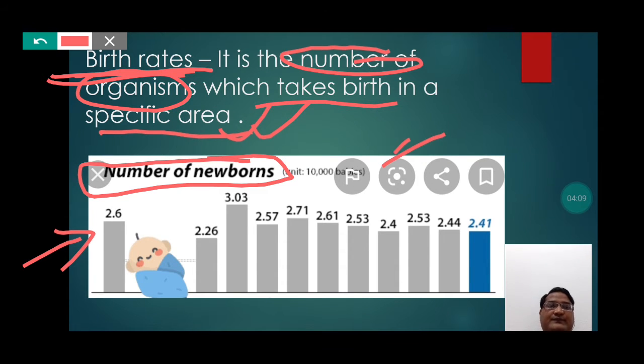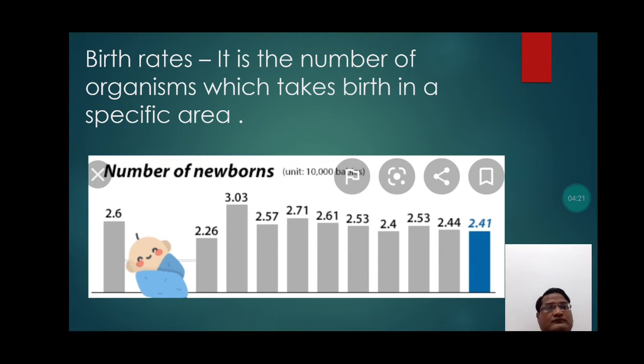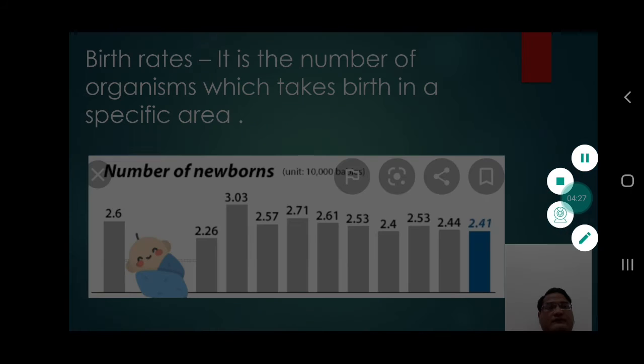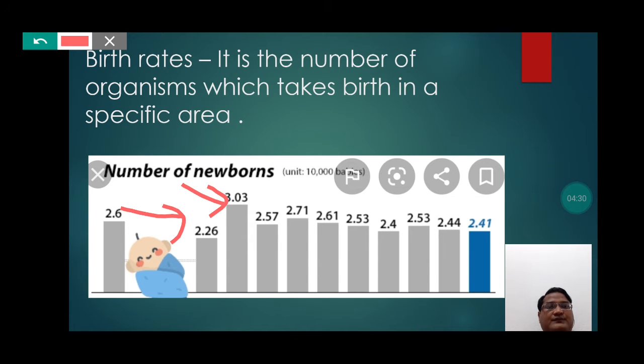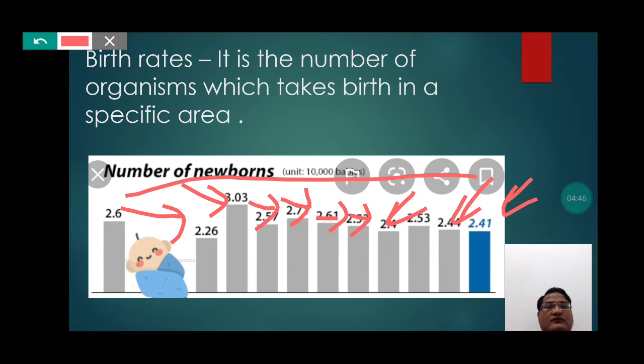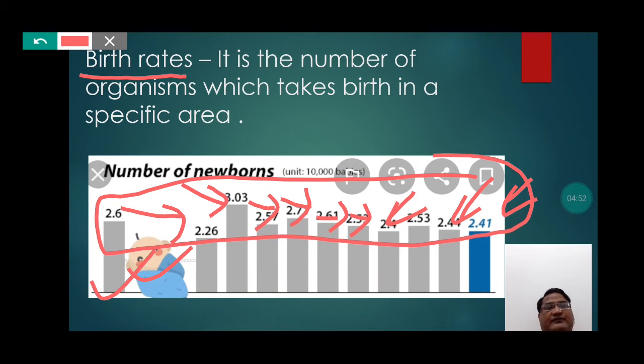in a particular area. So students, here you can notice that in a particular area, you can easily understand here that the number of births is increasing and is decreasing also, that is fluctuating in a particular area, and this fluctuation of the newborn in a particular area is called the birth rate.